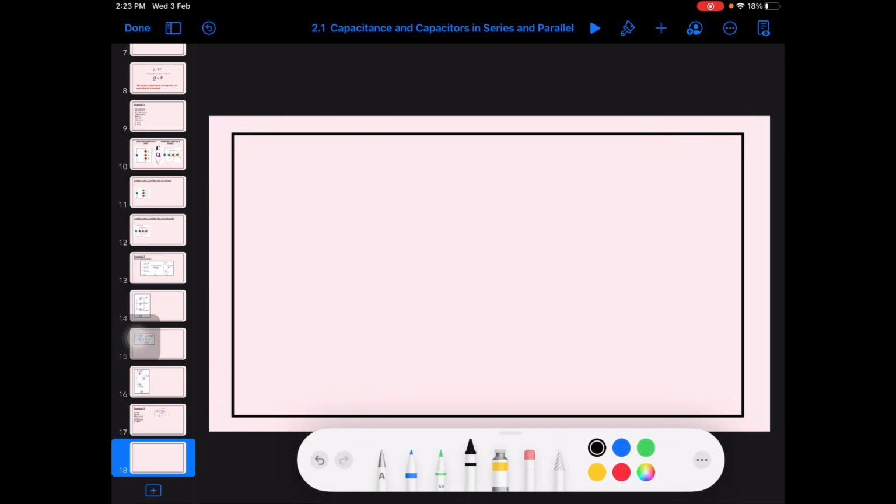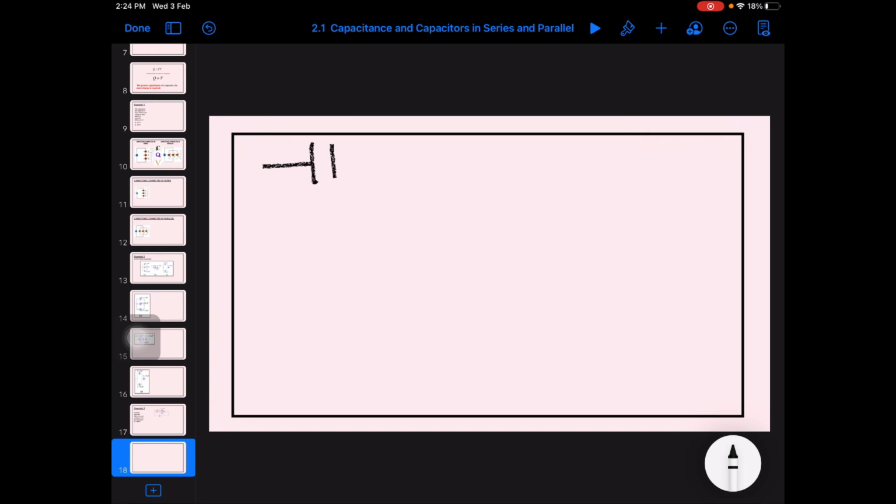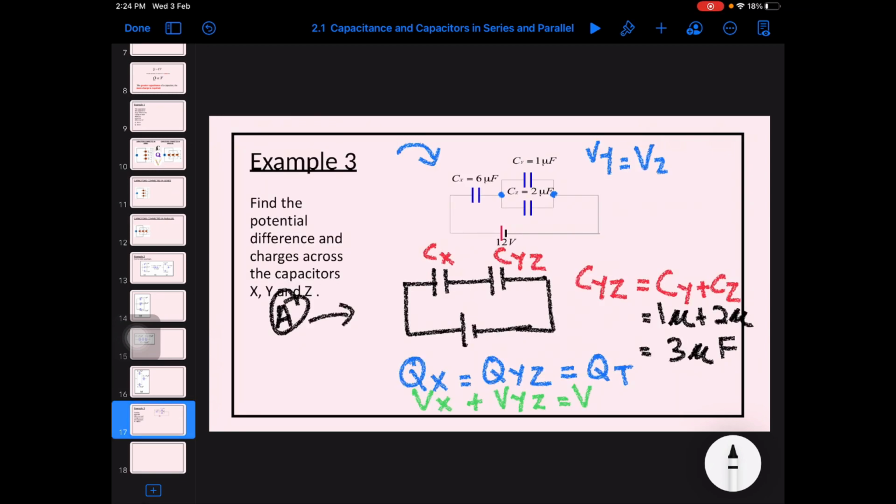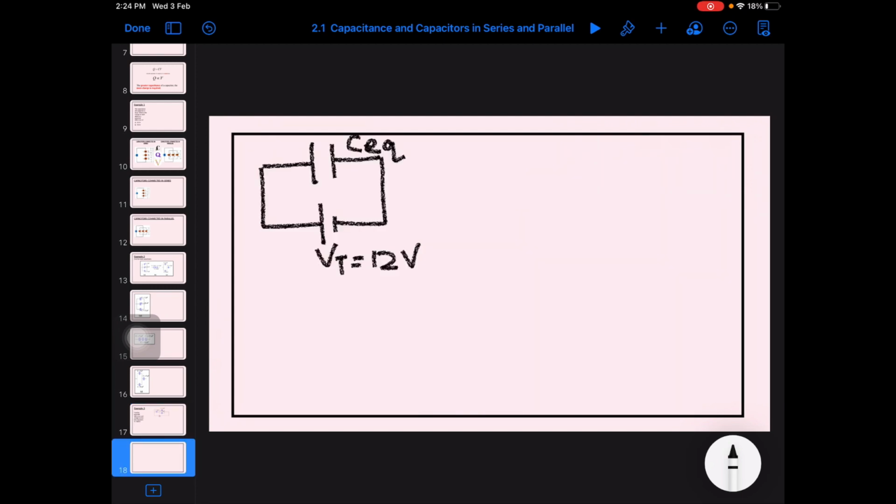To find C total, we have C equivalent with voltage. This is C equivalent, and the voltage is 12 volt. So how to find C equivalent? Here Cx and Cyz are connected in series.